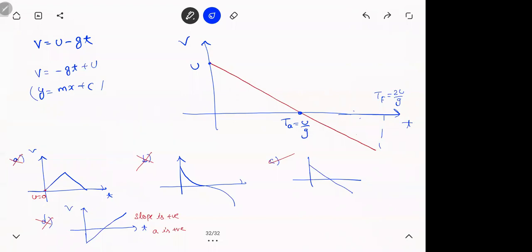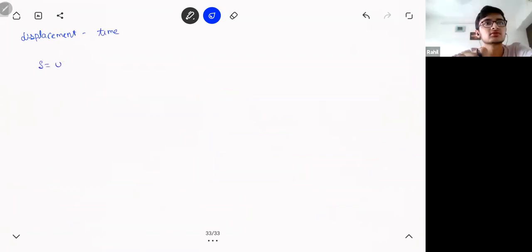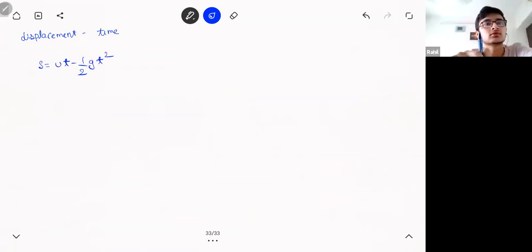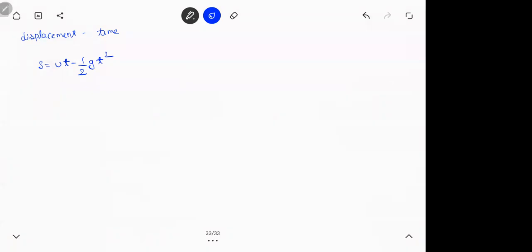See, next thing, displacement time graph. Again, can someone tell me whether it's a straight line or a curve? Straight line. What is the equation? S is ut minus half gt square. Is this a straight line? It's a quadratic equation.